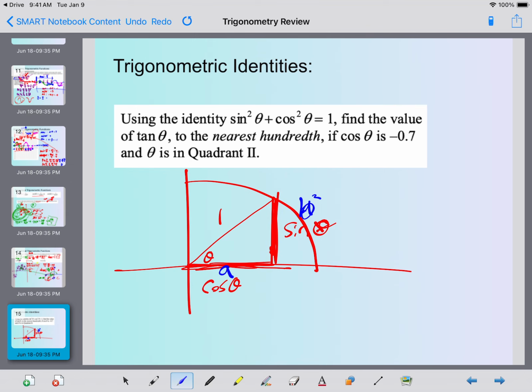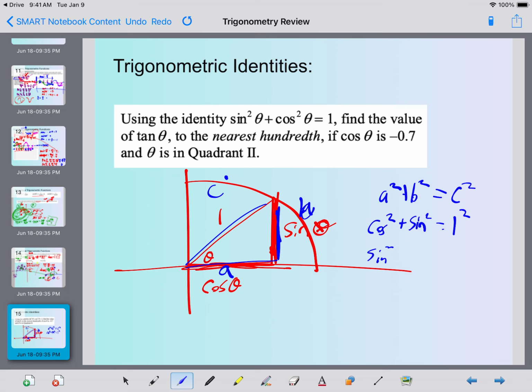That's Pythagorean's theorem. So a squared plus b squared equals c squared. In the case of a unit circle, cosine is your x, your a. Sine will be your b, or vice versa. And then c has to be your hypotenuse, which is 1. So we have this trig identity: sine squared plus cosine squared equals 1. That's Pythagorean's identity. That's where it comes from. Okay?